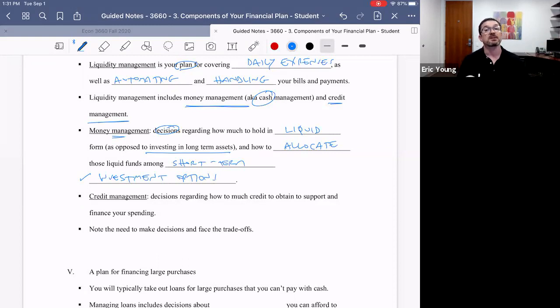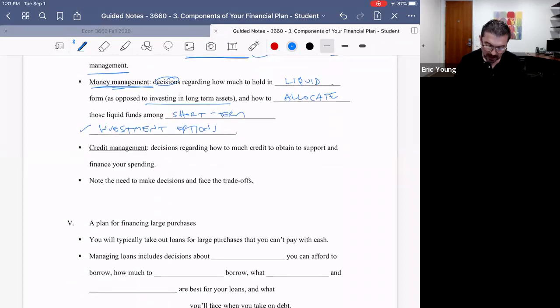Since those different options have different risks and rewards and benefits and costs, we'll consider them alternative investment options for short-term money. But the bigger picture here is your cash management decisions include, number one, how much of your money to keep liquid. Number two, how to allocate it and where you put it, okay?